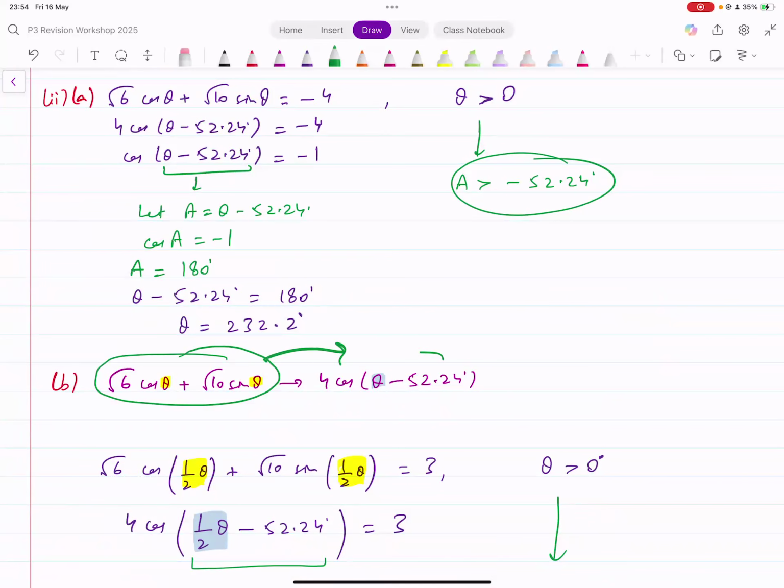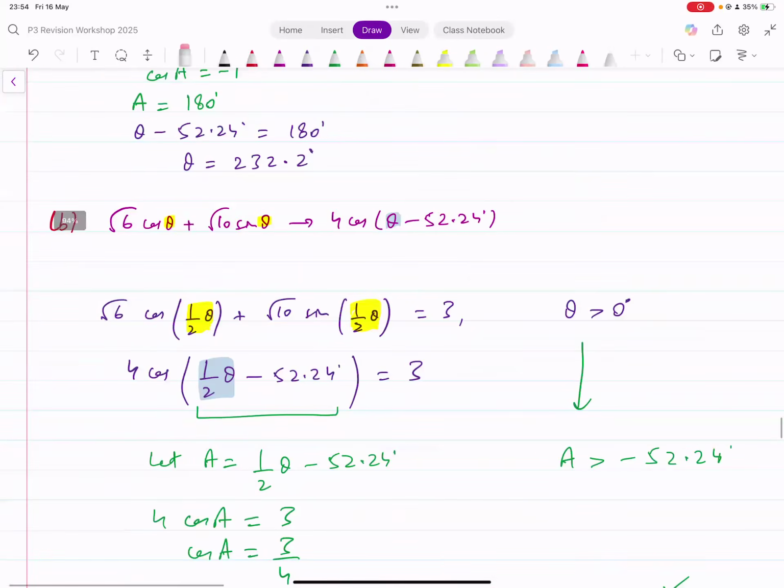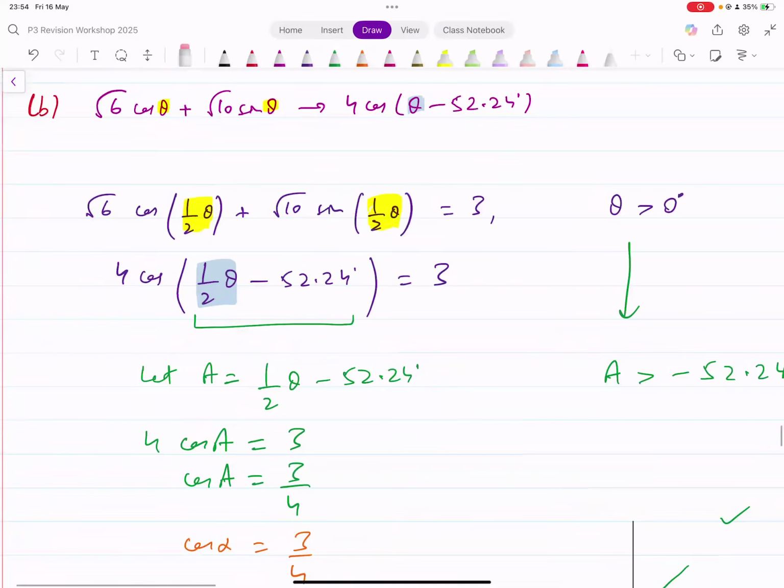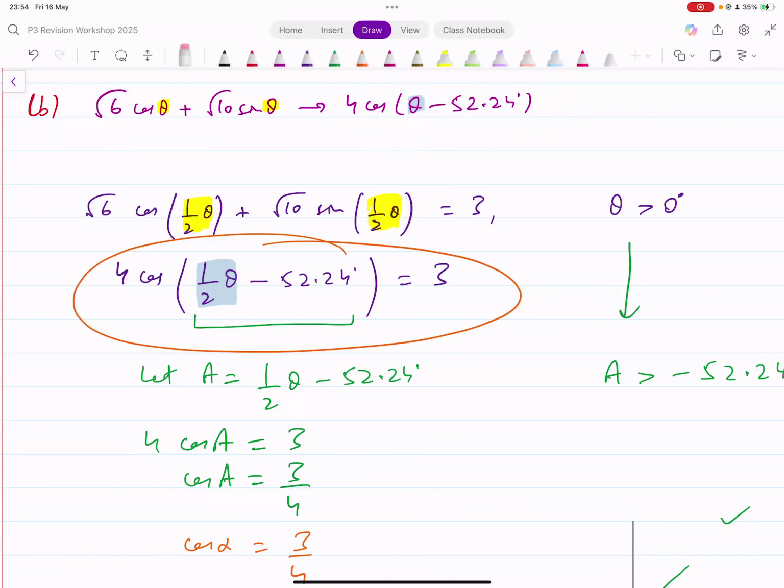We converted that to this form, right? Now, in this equation, instead of theta, they have half theta. So in this form, we would just replace theta with half theta. So it becomes 4 cos of half theta minus 52.24 degrees, that equals 3. This is the equation that we end up getting.